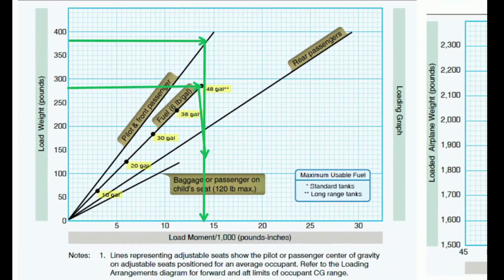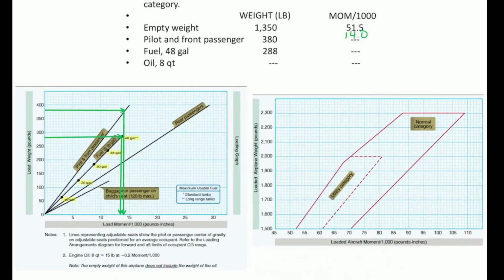Then we're going to drag the line down there. I had a little bit over, so let's fix that. That looks like it's also close to 14, so that gives us a fuel moment of 14.